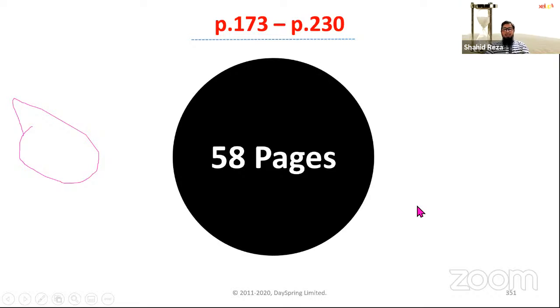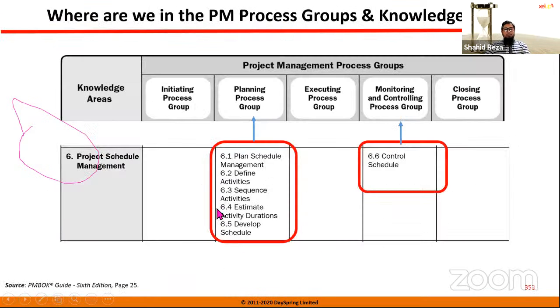There are 6 processes, 5 under the planning process group and only 1 in control schedule. Let me give an overview. Plan schedule management is like plan scope management. Before starting a knowledge area, you have to plan.